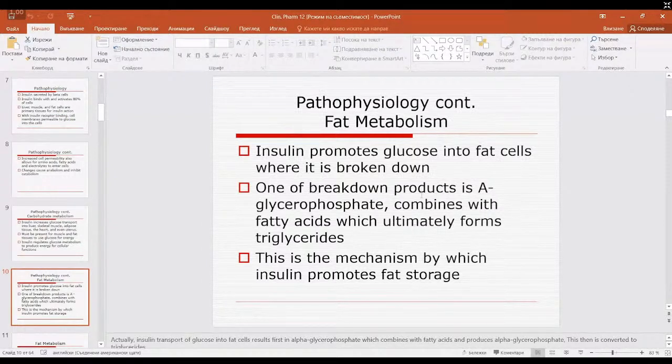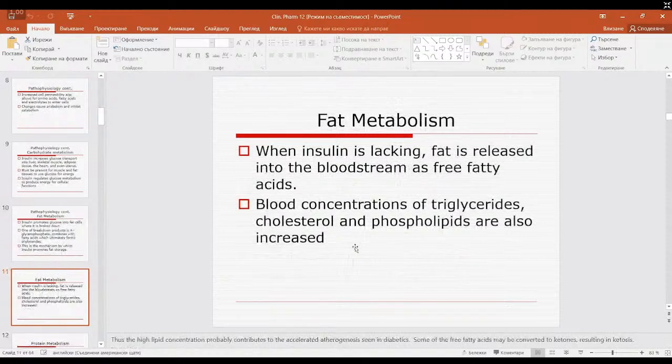After breakdown of glucose, we have several products like glycerophosphate, fatty acids, and triglycerides. And also, this is the mechanism by which insulin promotes fat storage.